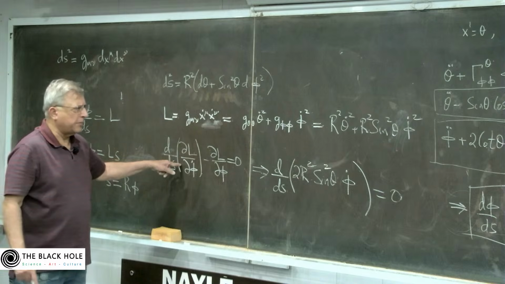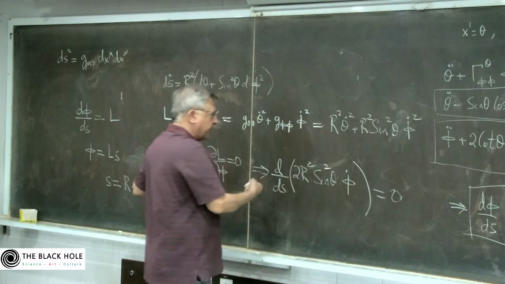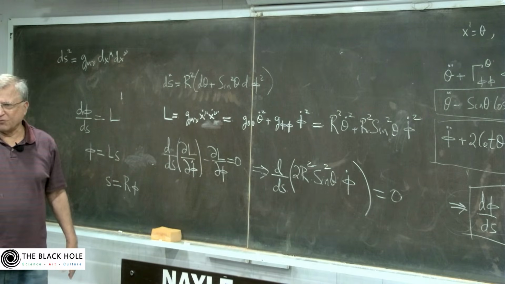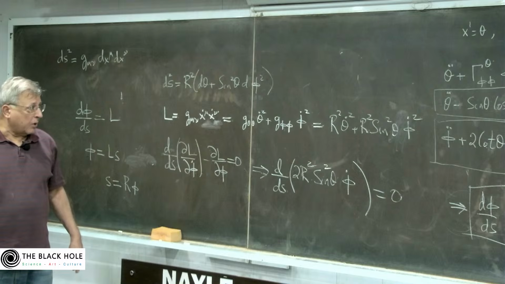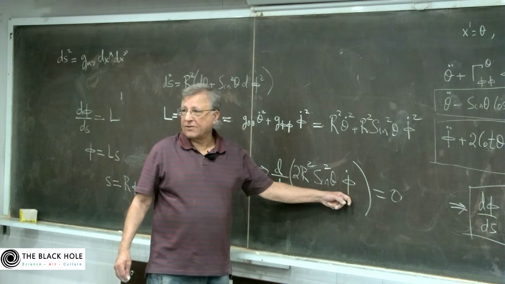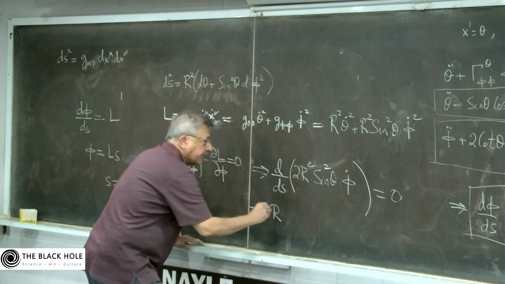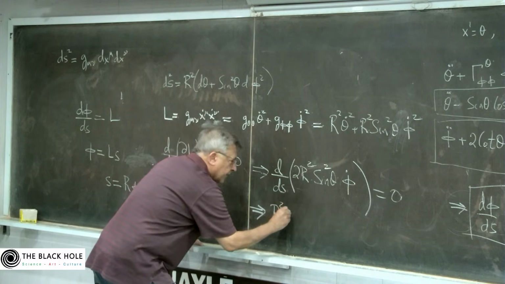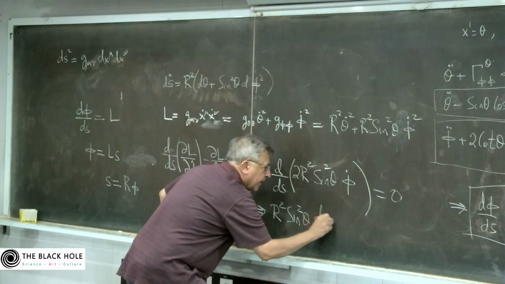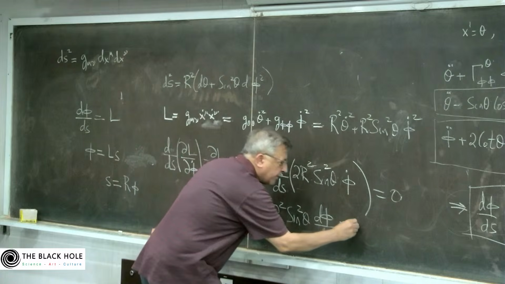So didn't I get 2 from there? Because I differentiated this, so that's where I got the 2 from. But since this is equal to 0, it doesn't even matter whether you have the 2 over there or not. And what is this? This says that this thing is equal to a constant, which means that r squared sine squared theta d phi by ds is equal to some constant.